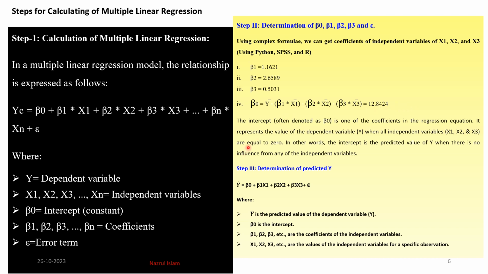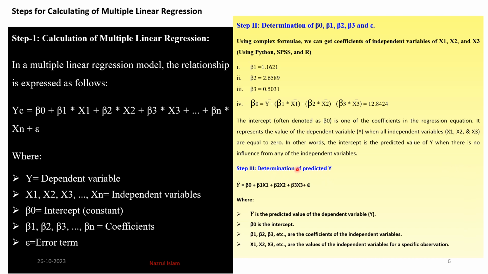Note that the intercept, often denoted by beta 0, is one of the coefficients in the regression equation. It represents the value of the dependent variable y when all independent variables x1, x2, and x3 are equal to 0. In other words, the intercept is the predicted value of y when there is no influence from any of the independent variables.